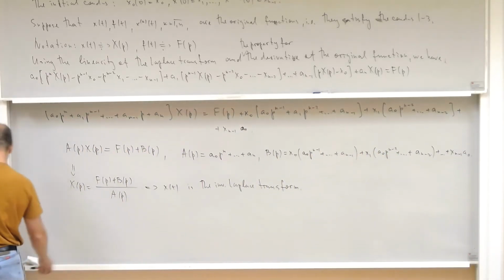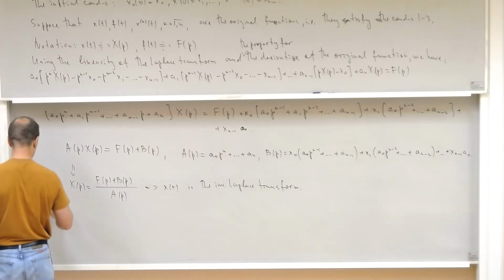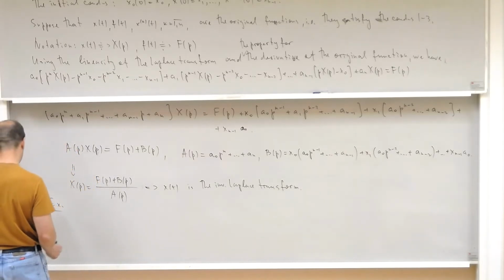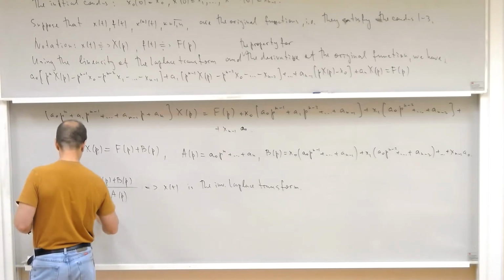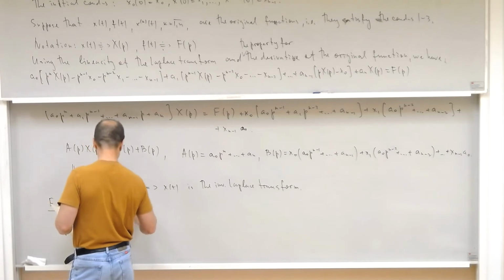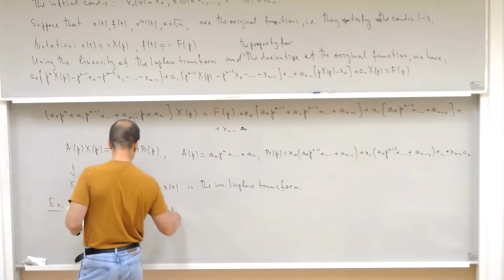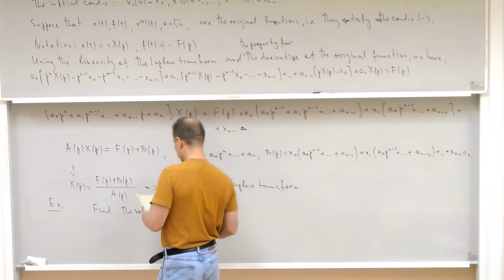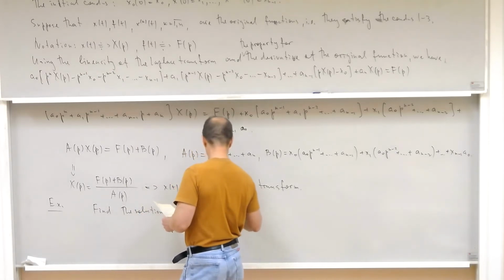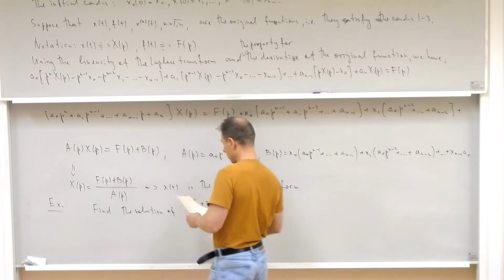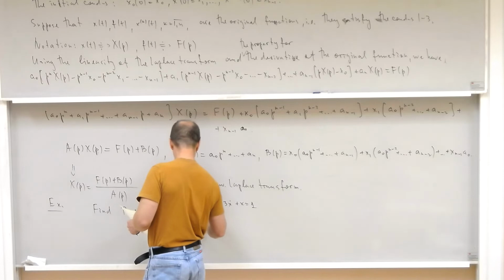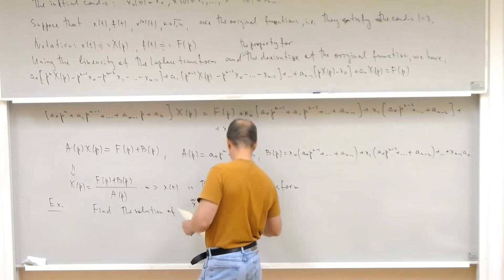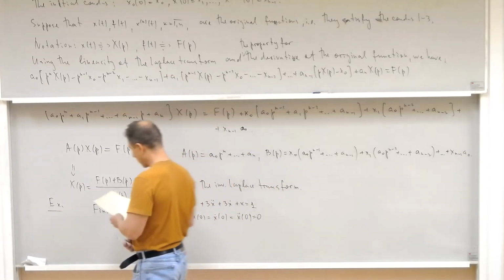Now we consider an example. It's formulated as a problem: find the solution of the equation, where the derivative is with respect to t, with the given initial conditions.